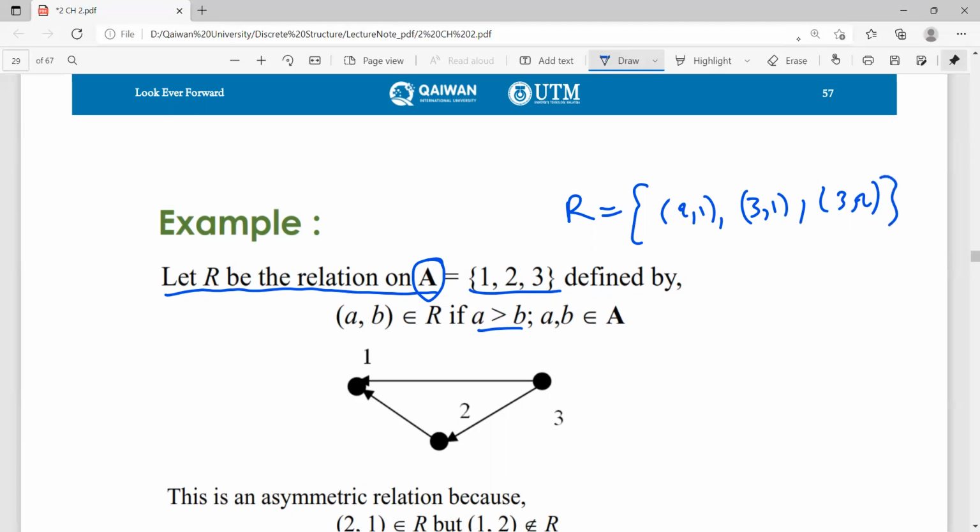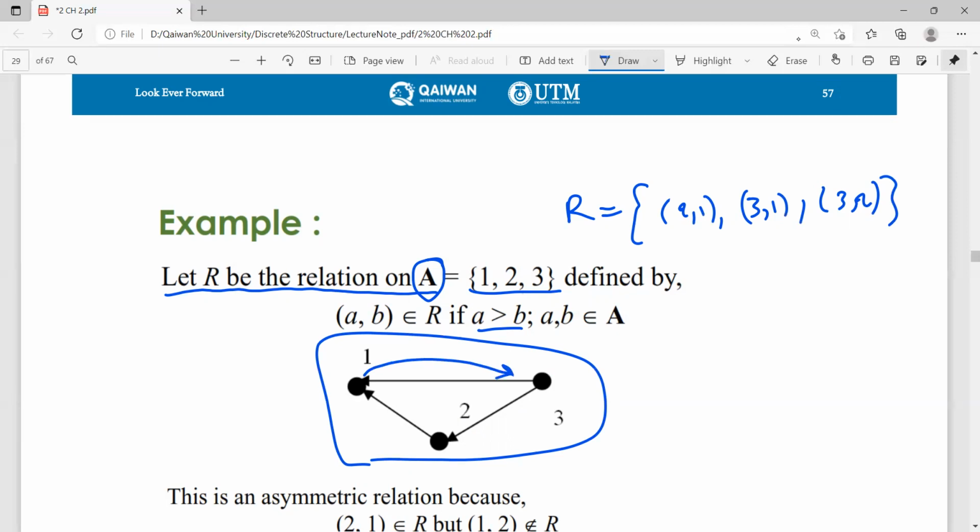This is the relation. If we draw the diagram for that relation, we get this. As you see, we have no loops at any of the vertices, and we have only one-way arrows. We have no returns at all.